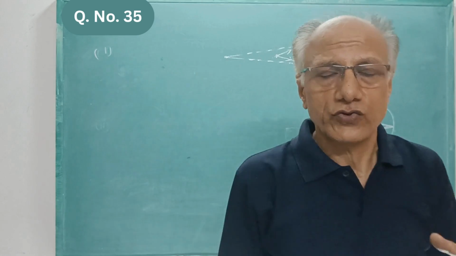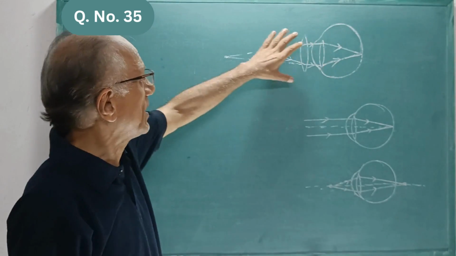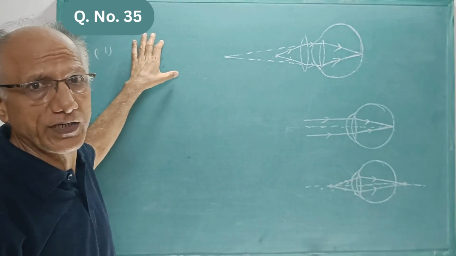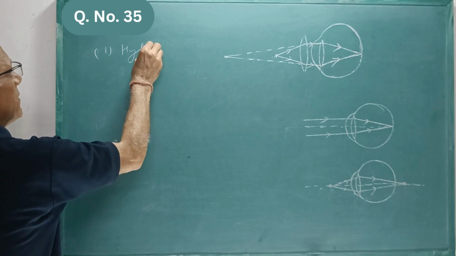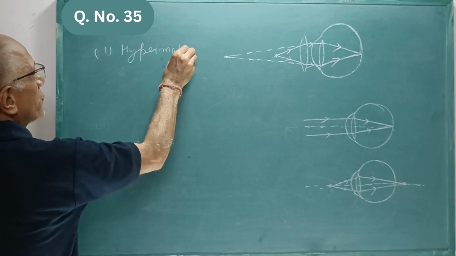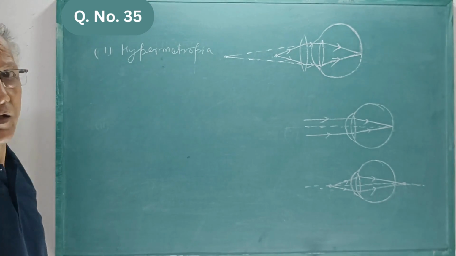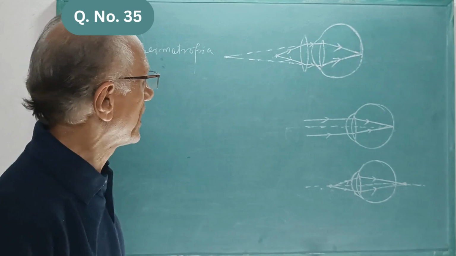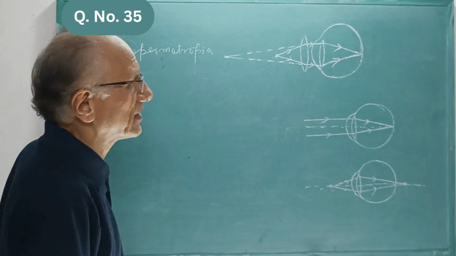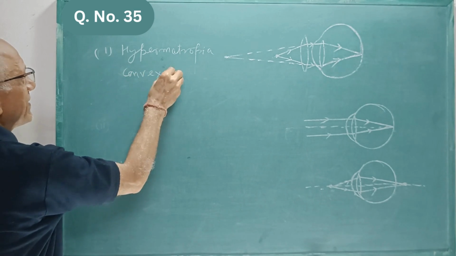That means this person is not able to see nearby objects, but is able to see far away objects. So the defect is hypermetropia. Hypermetropia, that means far-sightedness, and this lens is a convex lens, so it is corrected by a convex lens.